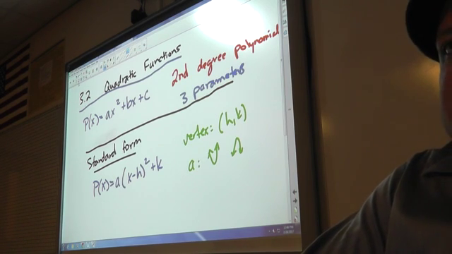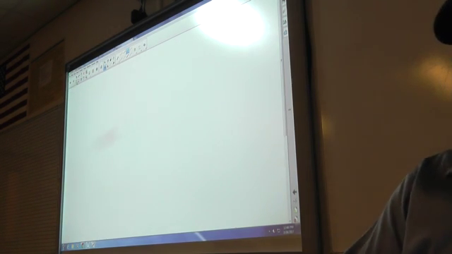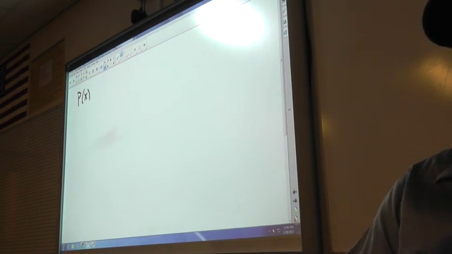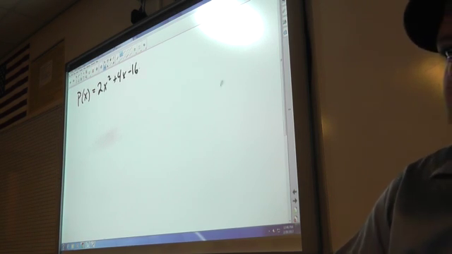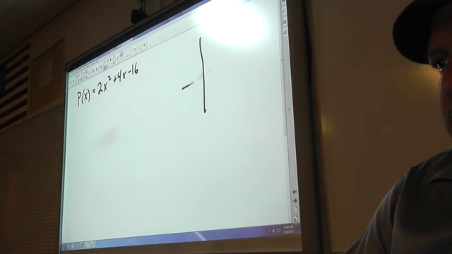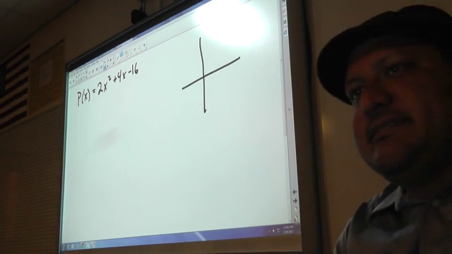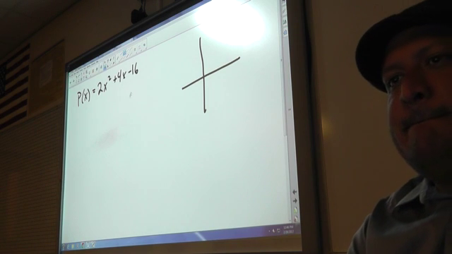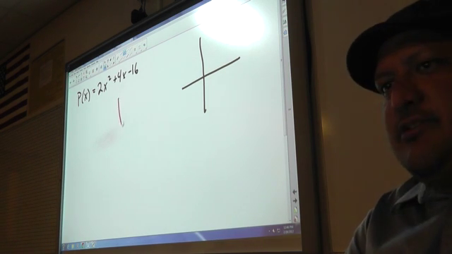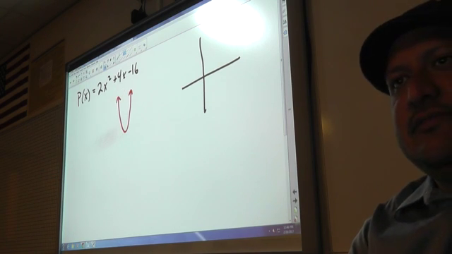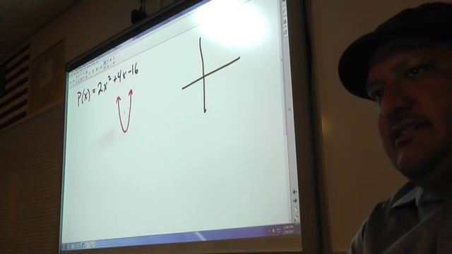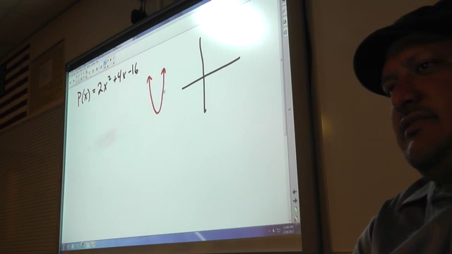So here's an example to see why this is so important. All right, would you guys agree that this is a parabola that opens upward? Yes. And let's just suppose it looked like this. It may or may not. Well, we can always scale this so that it does. Now here's a question.